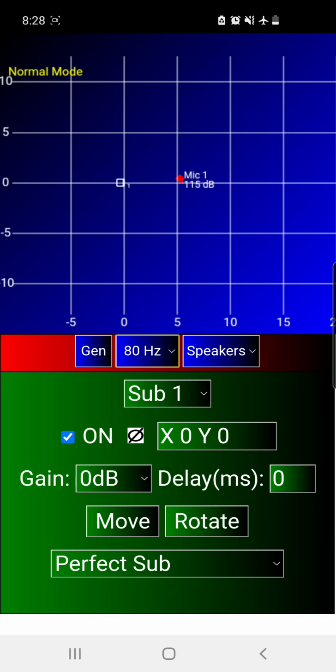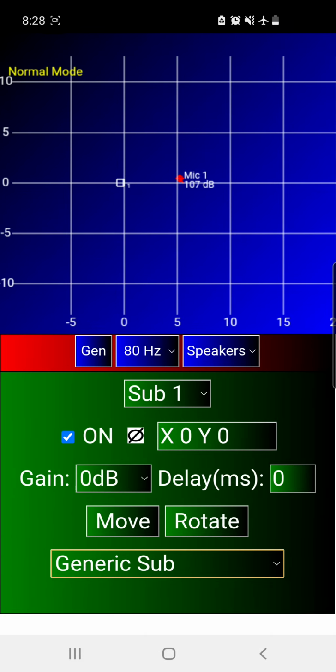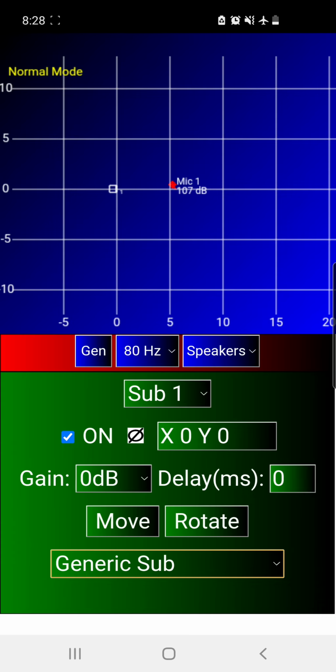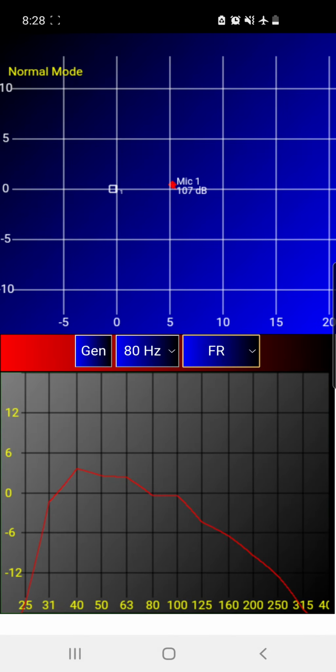If I go, for example, for the generic sub, this is the sub that the application brings by default, we will see that the frequency response of this box is like that. It's a typical sub, right? With a roll off on the low frequencies and a roll off on the mids.